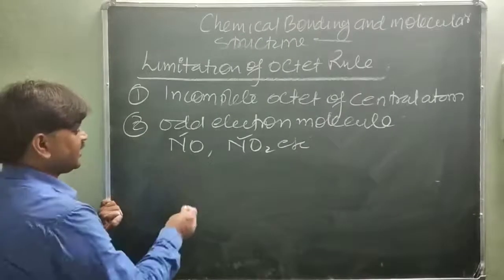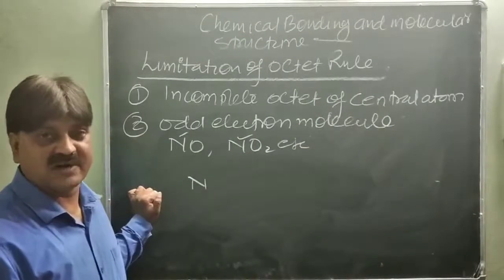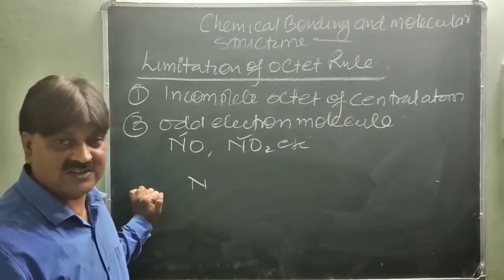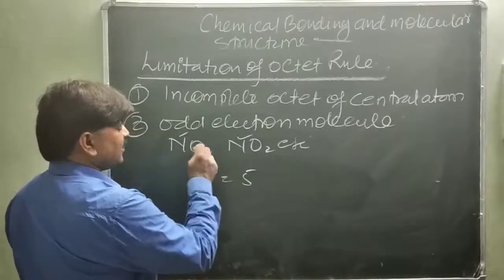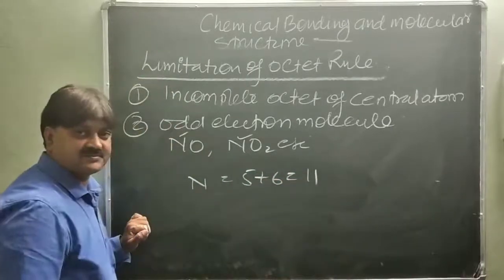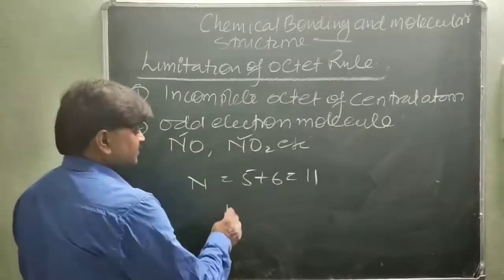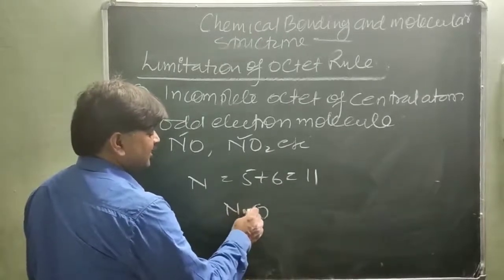Just like in the case of nitrogen, you know how many electrons are present in the outermost shell of nitrogen? How would you write the electronic structure? Nitrogen has 5 valence electrons and oxygen has 6, total 11 electrons. First write the skeleton structure and form a bond between nitrogen and oxygen.